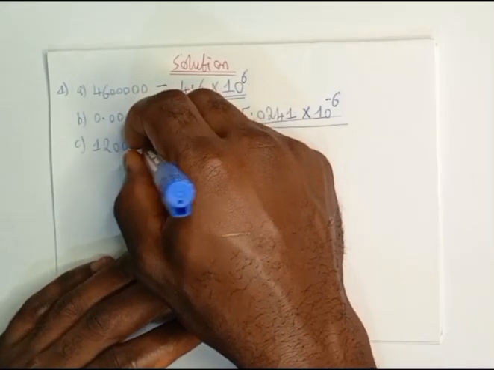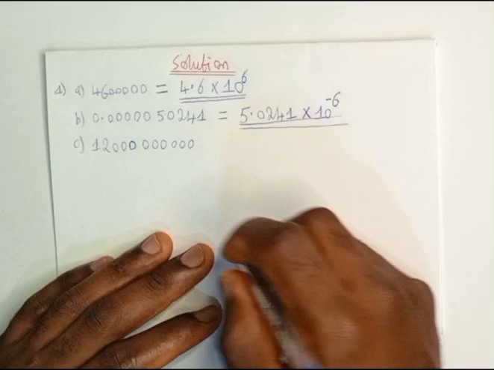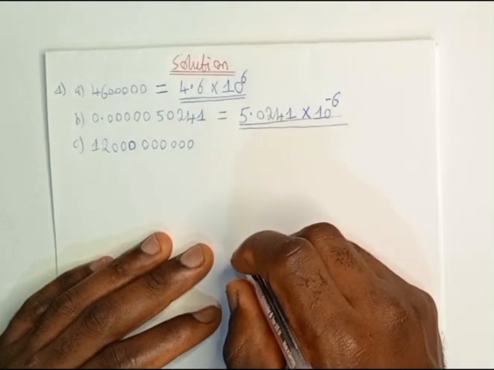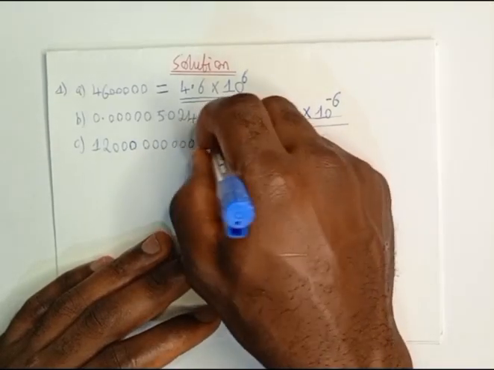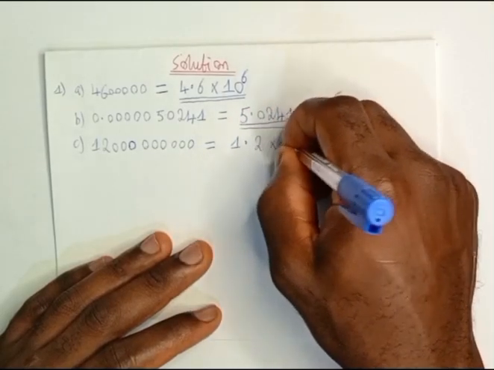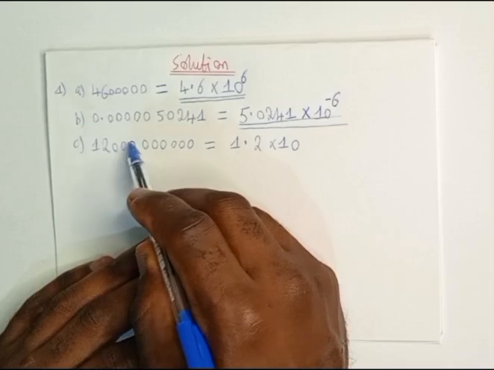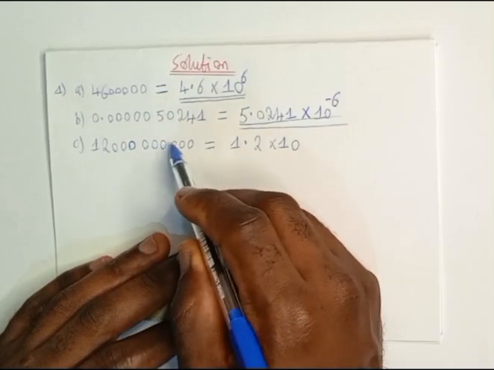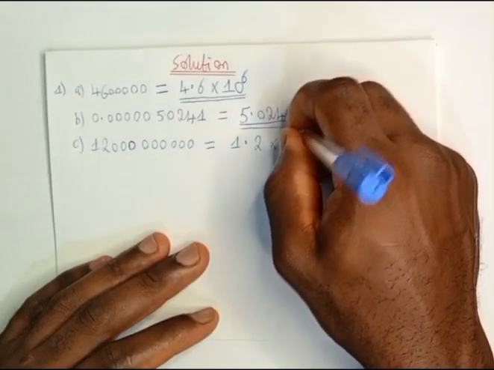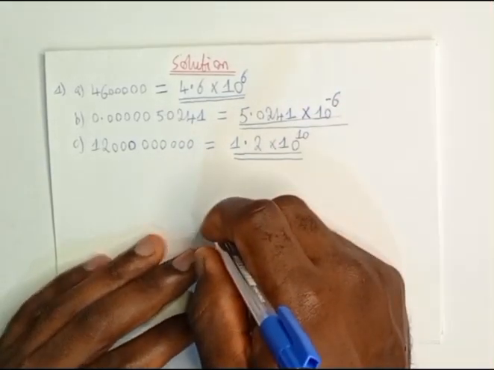We attach 6 zeros, and this is 12 billion. In standard form, it is simply equal to 1.2 times 10 to the power. We count 1, 2, 3, 4, 5, 6, 7, 8, 9, 10. This is 12 billion in standard form.